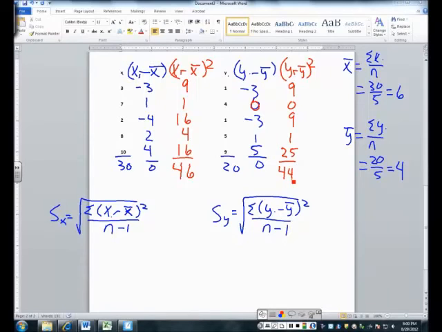So now for my standard deviation for the x's, I've got this sum right here of 46, the square root of 46 divided by 4. There were 5 numbers here, so n minus 1 is 4. And that comes out to be 3.39.